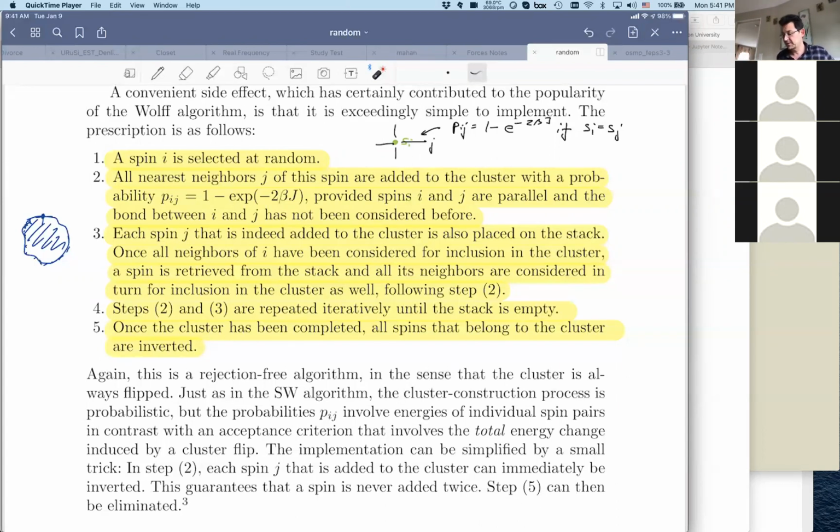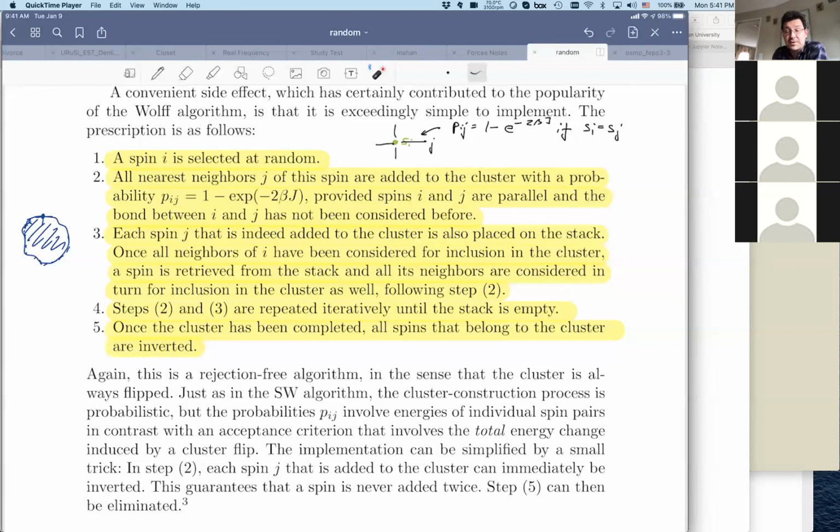This is slightly non-trivial because it requires one to map this model to some other model, which is a model of these clusters, and then one can show that this algorithm does produce exactly the same Boltzmann distribution, and we can then measure thermodynamic quantities with it.